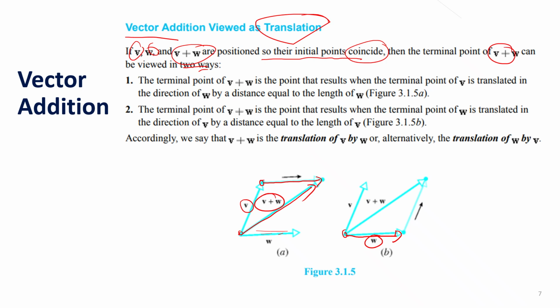So it's like translating v to the initial destination point, and then moving it by the magnitude of these vectors in these directions. So the resulting vector is this one. This is how you apply the triangle rule from the perspective of translation.